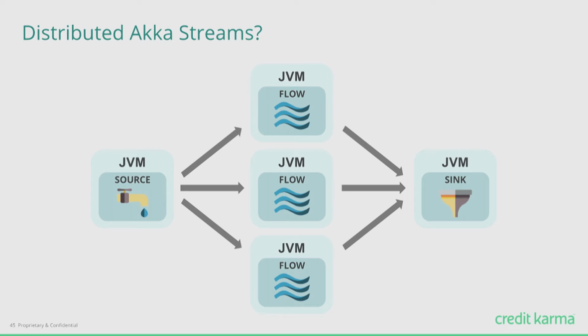At the end, they just aggregate the data and send it to the final sink, with one or more JVMs running the sink processing stage and writing to the disk. Can we have some kind of topology like this?